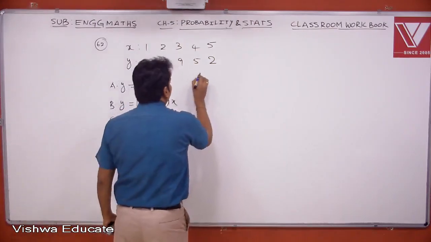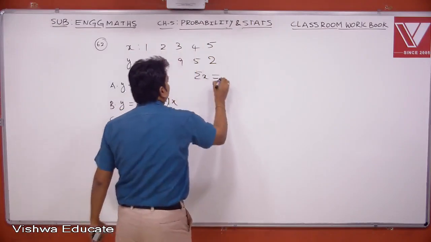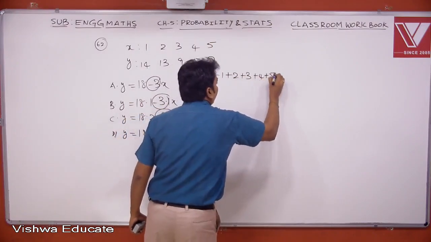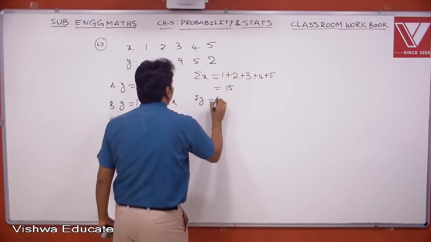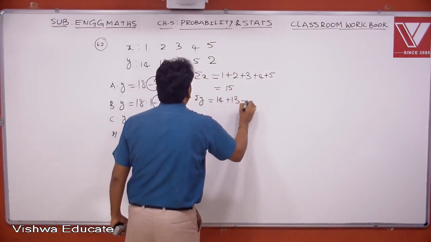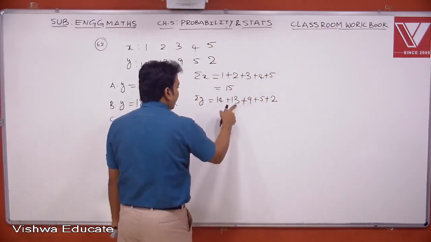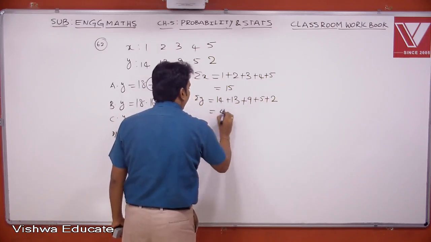So here, at first, let us find sigma x, the sum of x values. This is 1 plus 2 plus 3 plus 4 plus 5, so this is 15. And sigma y: 14 plus 13 plus 9 plus 5 plus 2. 14 plus 13 is 27, plus 9 is 36, plus 7 is 43.